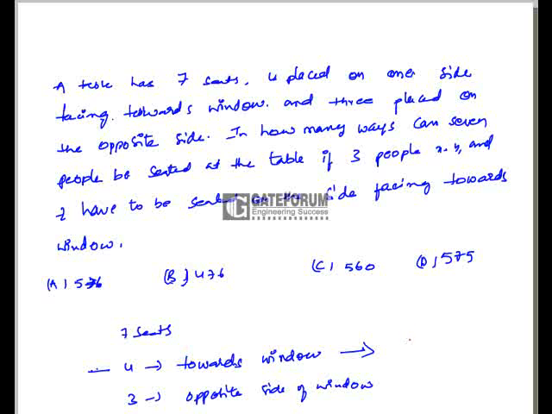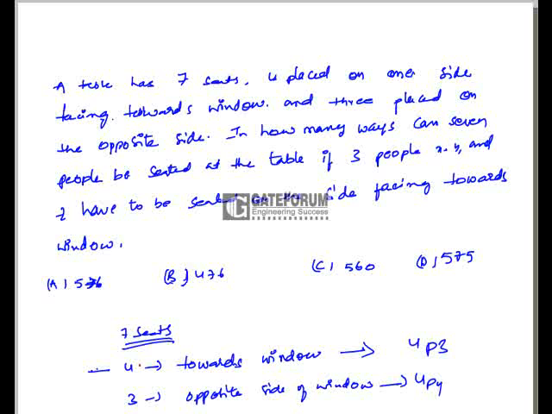This can be done in 4P3 ways. Here we have arranged 3 people and in total there are 7 people, so the remaining are 4 people. Among 7 seats we have already filled 3 seats with 3 people, that is x, y and z. So the remaining are 4 seats, and 4 people can be seated in 4 places in 4P4 ways.